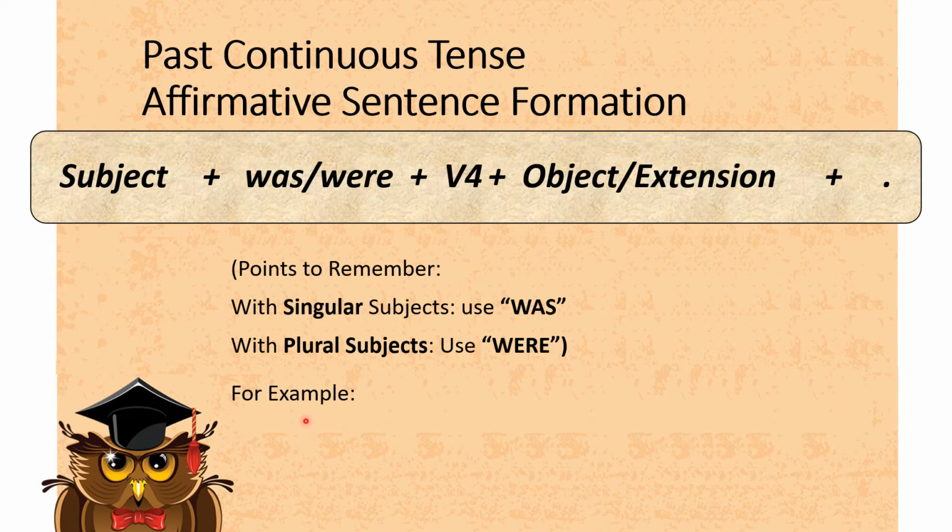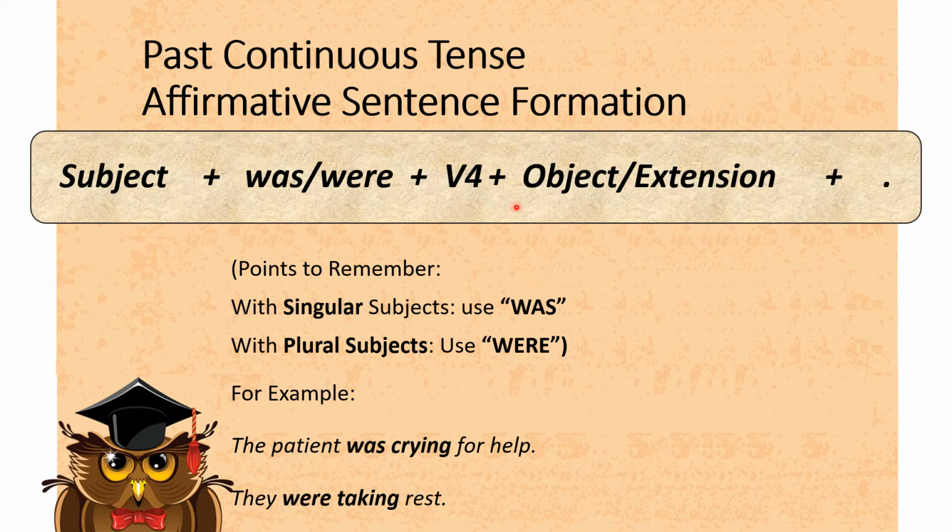Look at the examples now. The patient was crying for help. They were taking rest. You can see that I have applied this formula in order to write these two sentences.